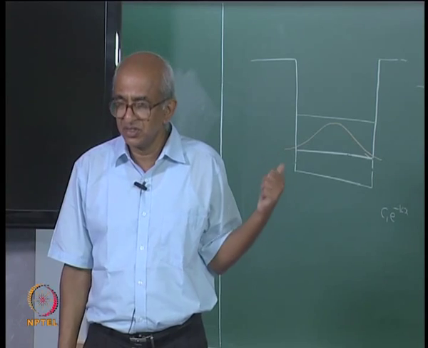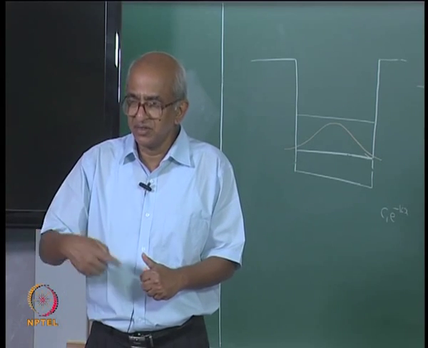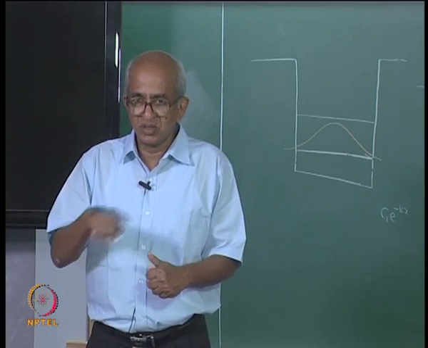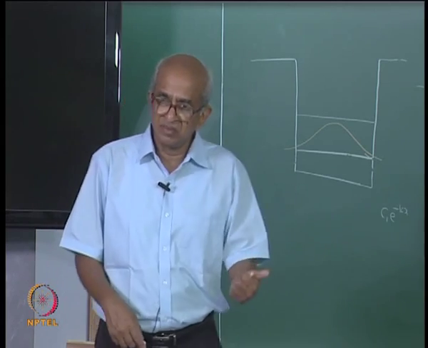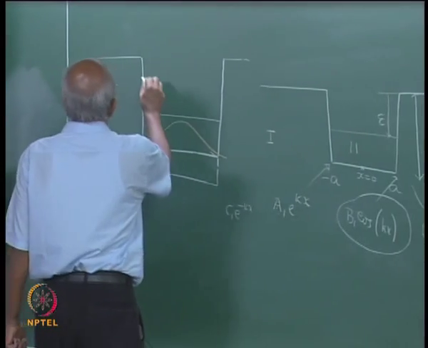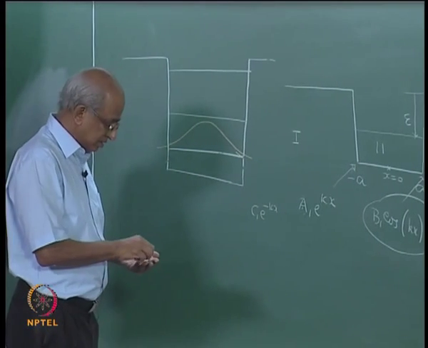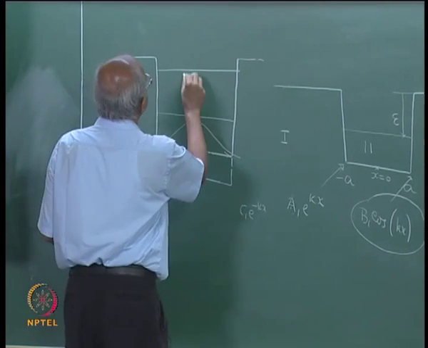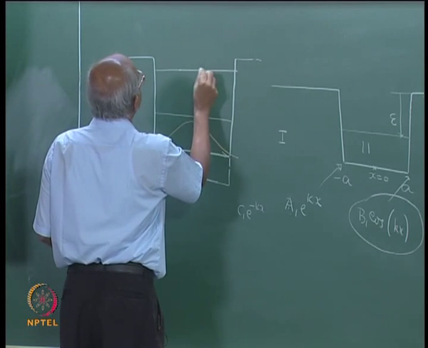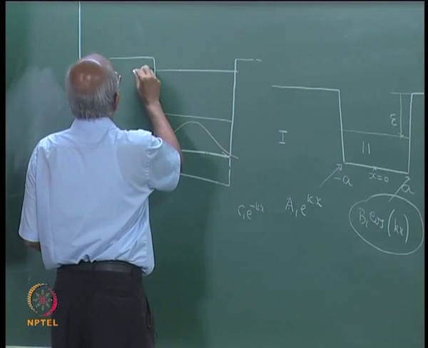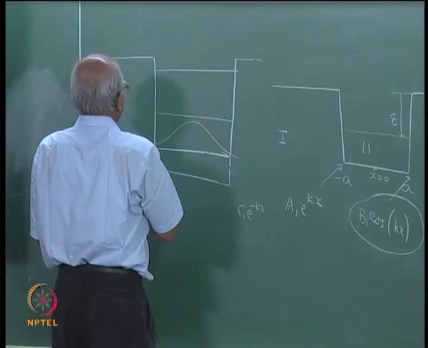Why? Because the next state has to be antisymmetric. The lowest possible state is symmetric, the next one is antisymmetric, and the next one, which will be somewhere here, will be symmetric. And how would it look like? It would look like this.